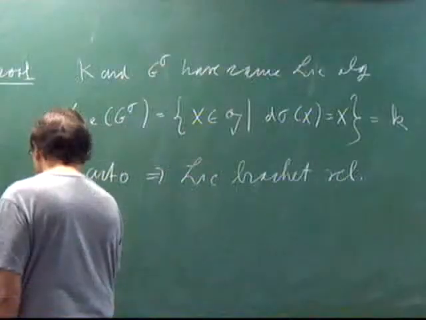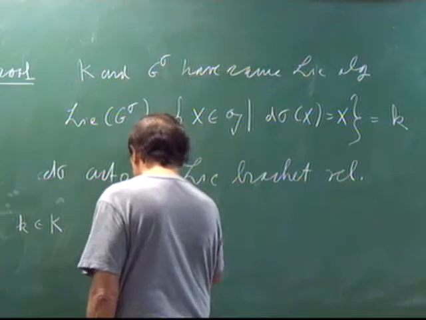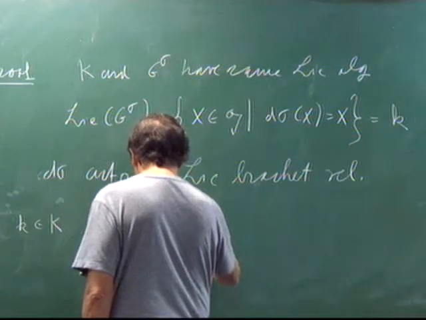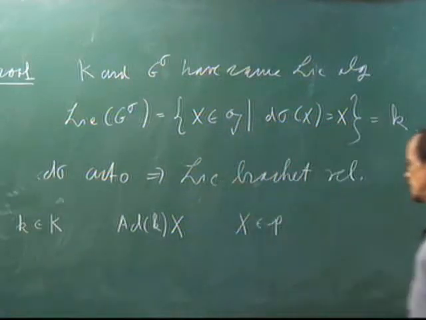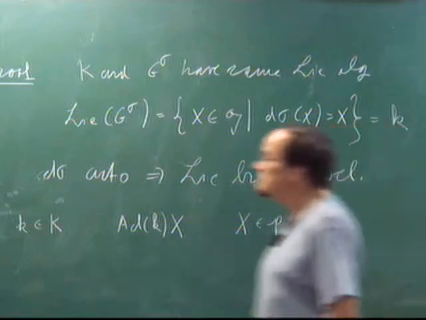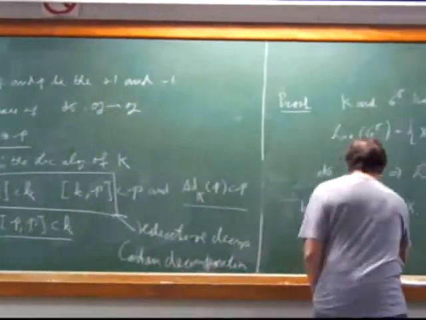So let's take an element H in K. I want to look at Ad H applied to X, where X is an element in P. And how is P characterized? It's the minus 1 eigenspace of d sigma. So I have to show that this lies in the minus 1 eigenspace of d sigma.